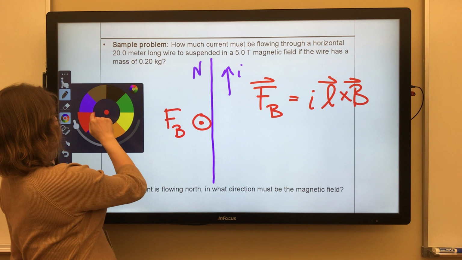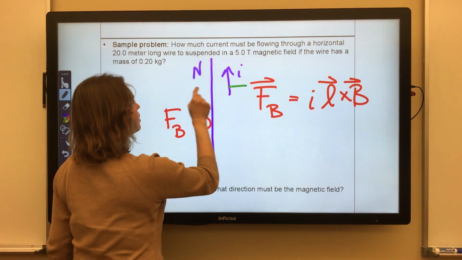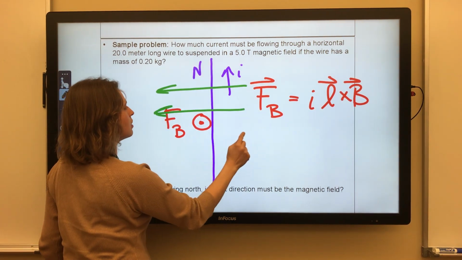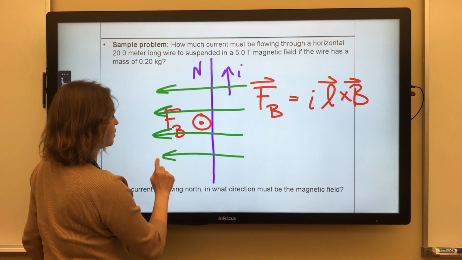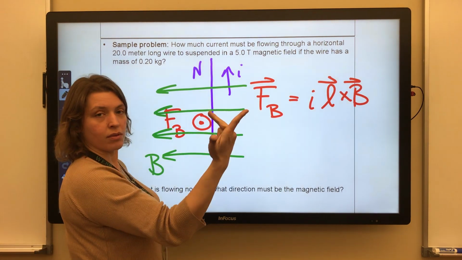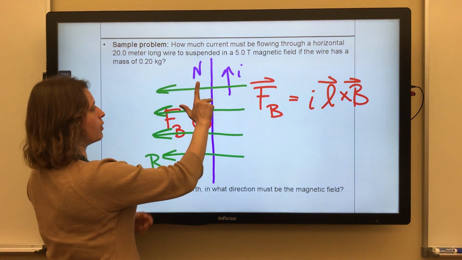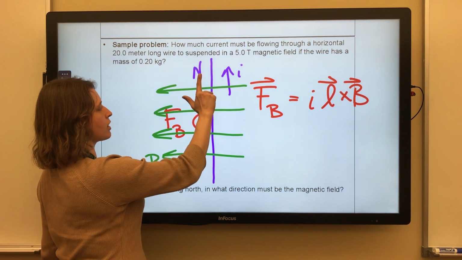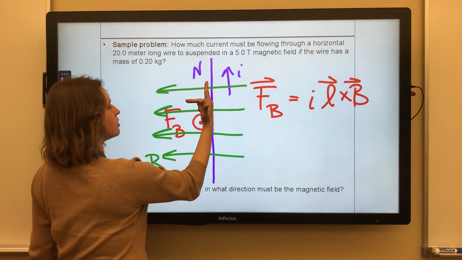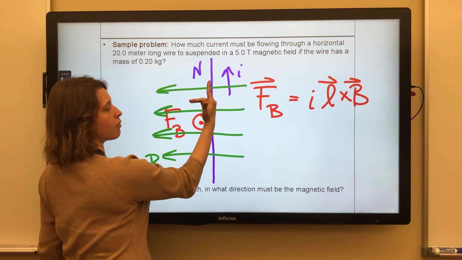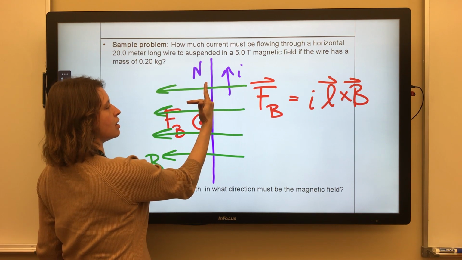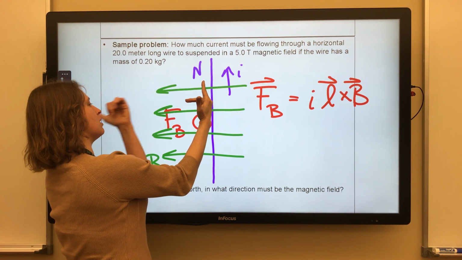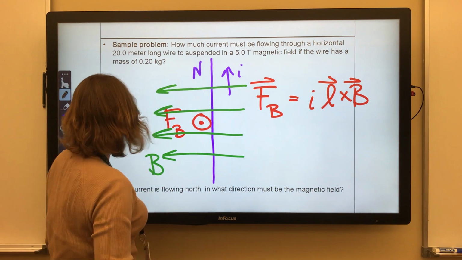So my magnetic field should be pointed in this direction. So doing this, this other way, we're going to have current directed upward. Orient your wrist so that your thumb points upward out of the page, and that means that magnetic field points this way, towards the left.